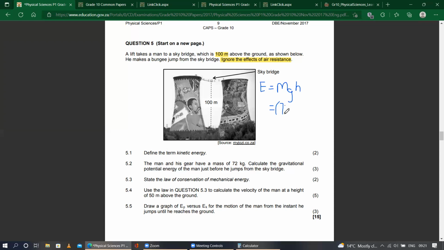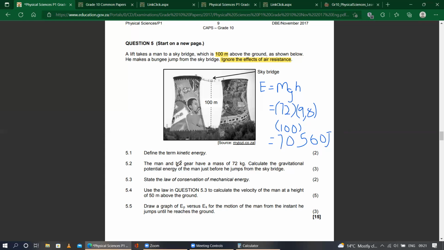Okay, so it's going to be 72 kilograms times 9.8 times 100 meters. So you're going to have 70,560 joules.